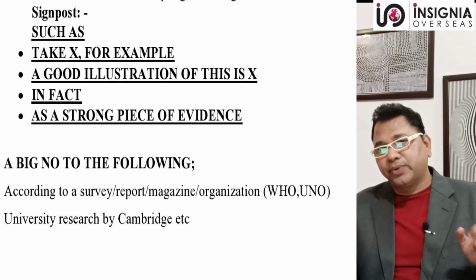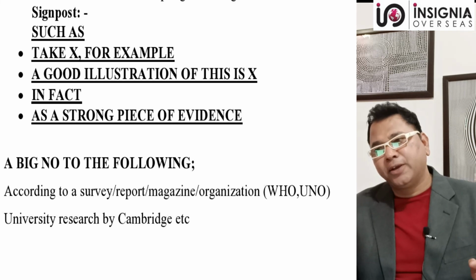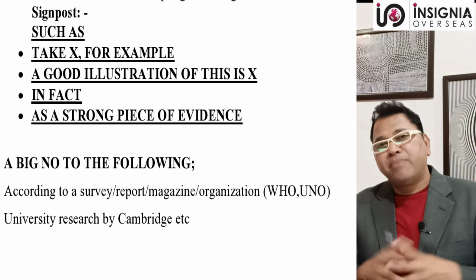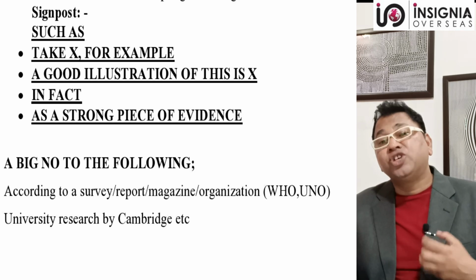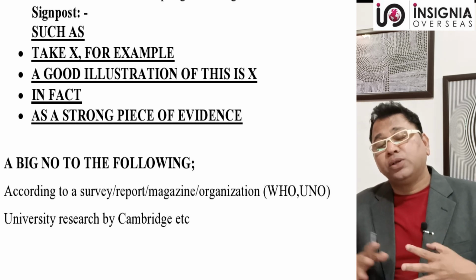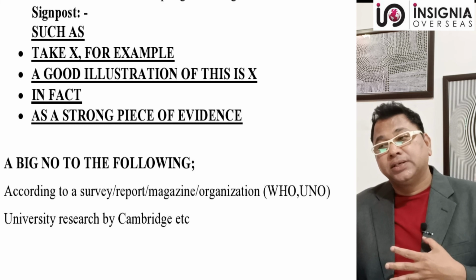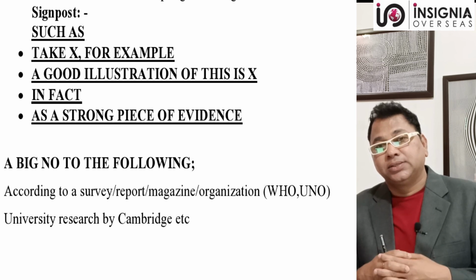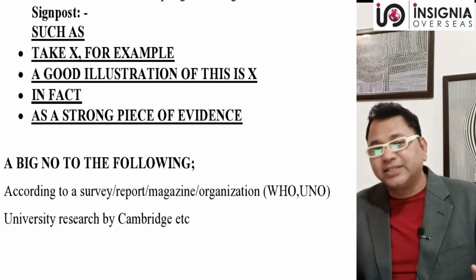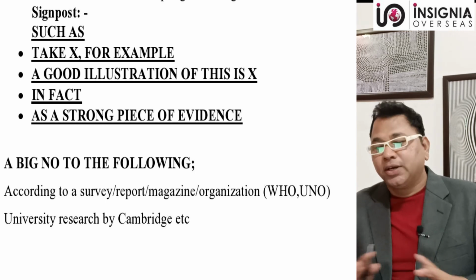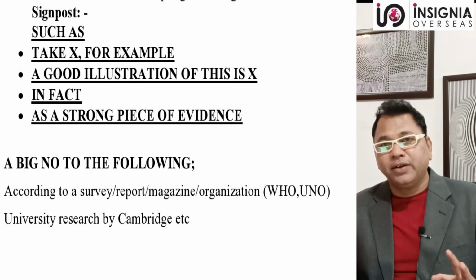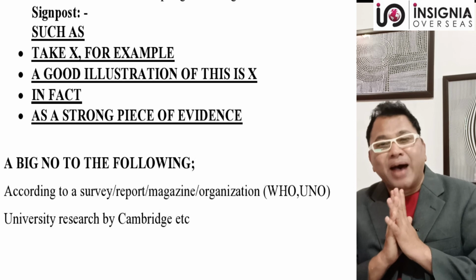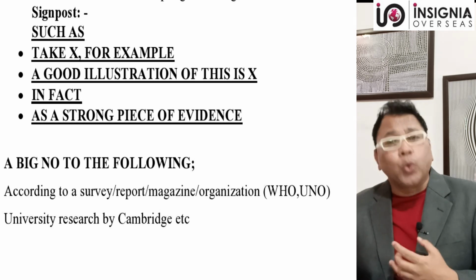A good illustration of this actually can be McDonald's, for instance. Be general in your example. McDonald's, for instance, is selling billions of burgers in their Indian outlets. I have not mentioned any statistics. There is no report. There is absolutely no survey. None of the magazines has been quoted here.